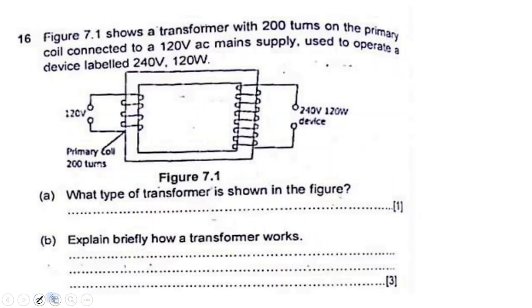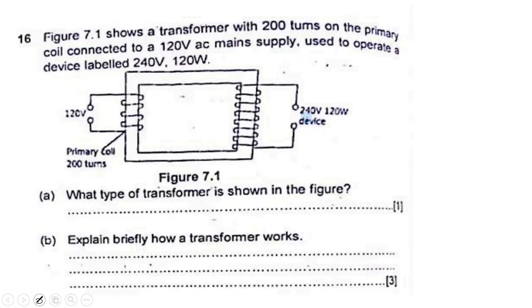We move on. Here they're saying figure 7.1 shows a transformer with 200 turns on the primary coil connected to a 120 volt AC mains supply used to operate a device labeled 240 volts, 120 watts. So this is 200 turns and 120 volts.